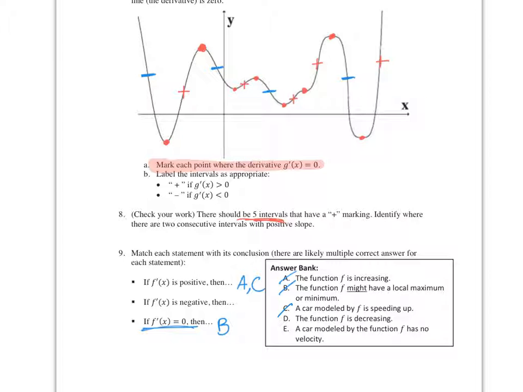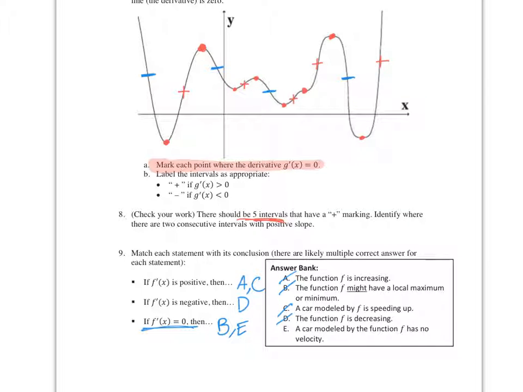So decreasing slopes, that goes to a negative derivative. A car modeled by the function F has no velocity. This means it's not changing going forward or backwards. Its speed is 0, derivative is 0. Okay, so E goes down here.